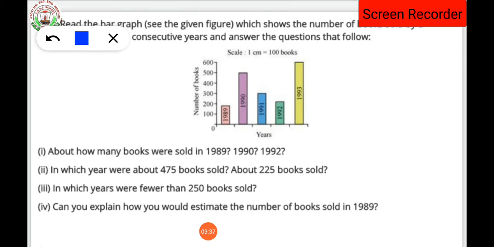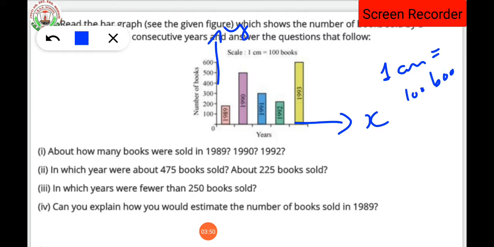So first, as we know, this is the x-axis, this one is the y-axis. Clear? The scale is given in the question itself as 1 centimeter equals 100 books. Here on the y-axis the number of books is given, and on the x-axis the years are given. So in 1989 how many books are there?